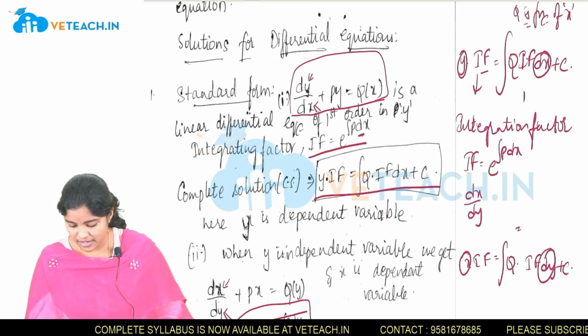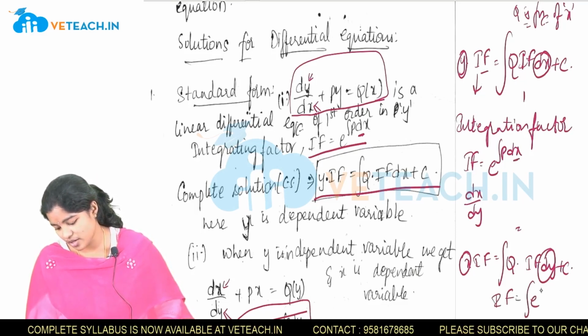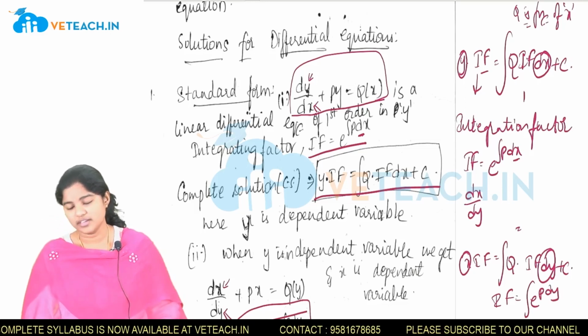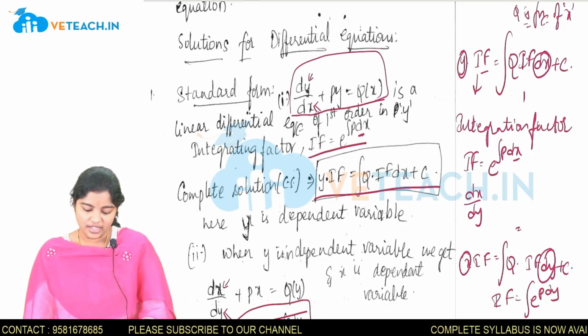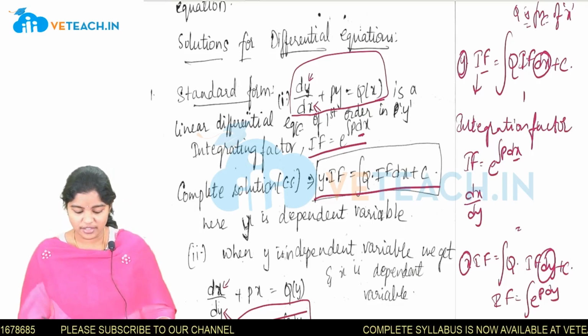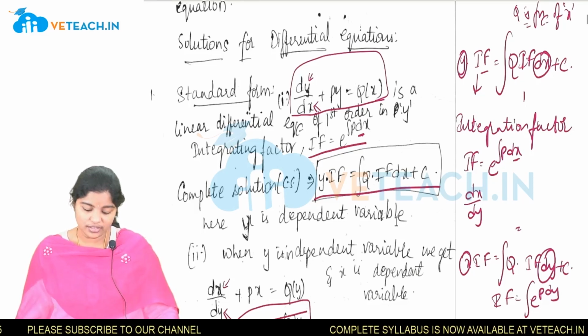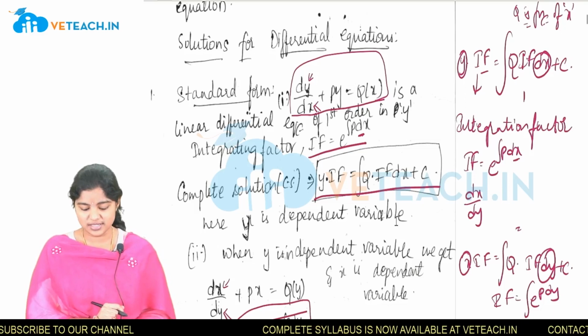In the integration factor it was with respect to dx, here the integration factor becomes e power integral of P dy. Simple, very simple. The main two formulas are y into IF is the integration of Q into IF dx plus c, and x into IF is the integration of Q into IF dy plus c.